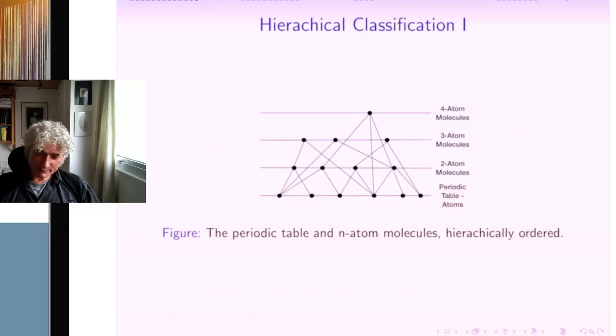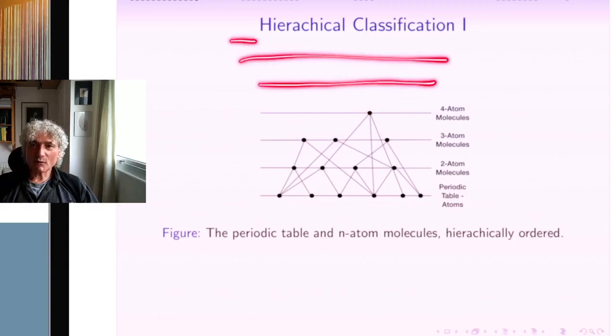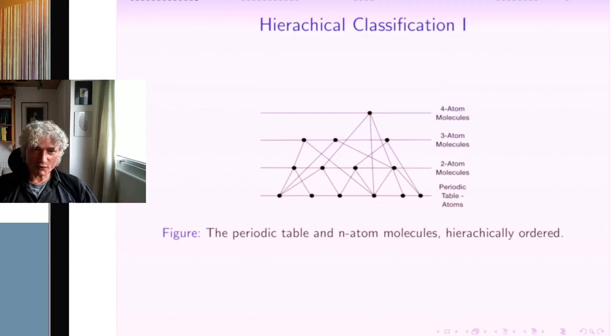So you can build up first with relatively simple molecules that have only 2 atoms. That would be our first level of the hierarchy. And then you can build up 3 atom molecules, 4 atom molecules, and of course you have here many more levels which I haven't drawn in this picture to keep it simple.